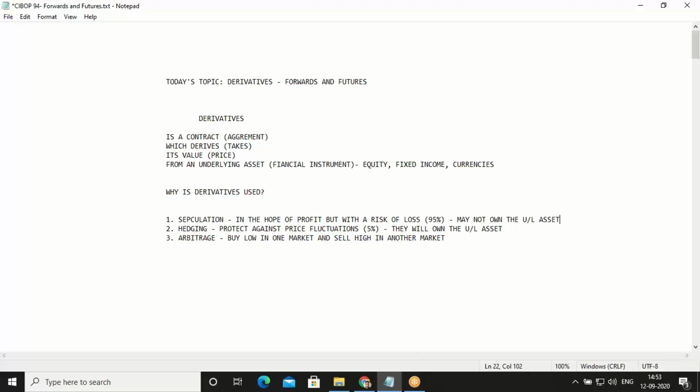Now the third one is arbitrage. The sense of arbitrage actually happens in real life as well. You buy a particular product in one market. Let's say you go to a particular area where electronics are very cheap and you're a retailer.